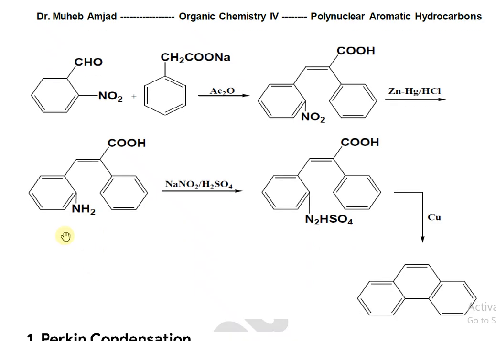Finally we convert the amino group to the diazonium salt, and then at the diazonium salt carbon, cyclization occurs in this position to give you phenanthrene. So we have new reactions for you here, including cyclization. It will be like that.